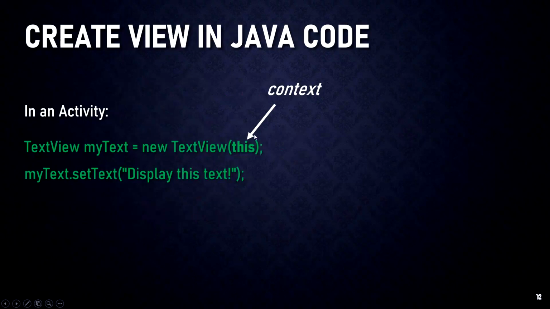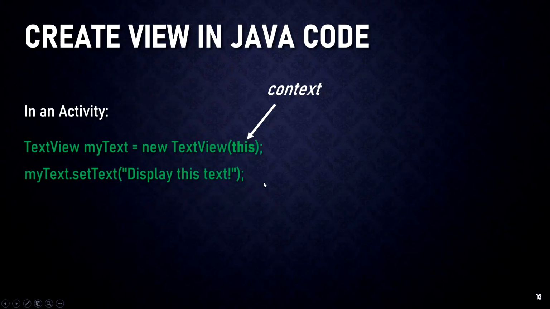You can just pass this, since the activity has its own context. We create the object so that we can set the text for this TextView by using the setText method. We just specify the string for this TextView.